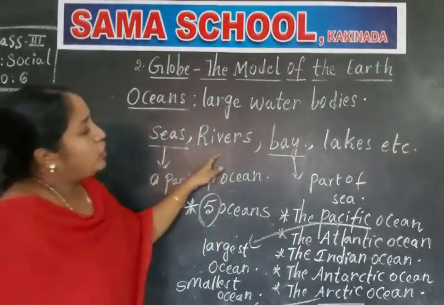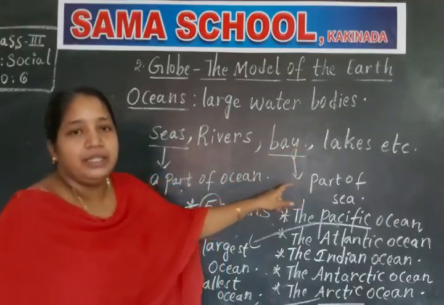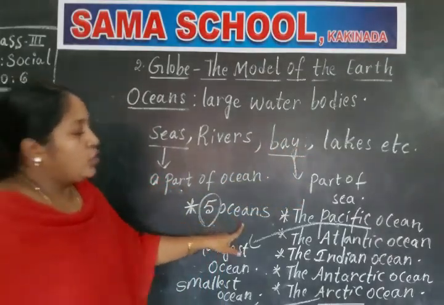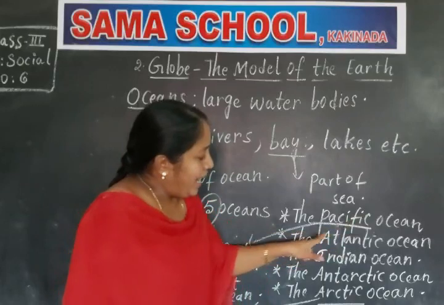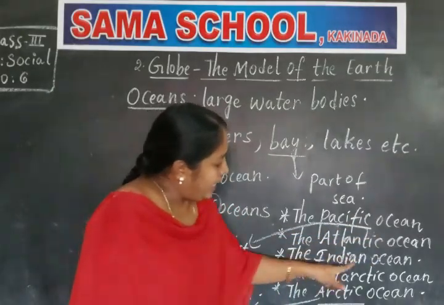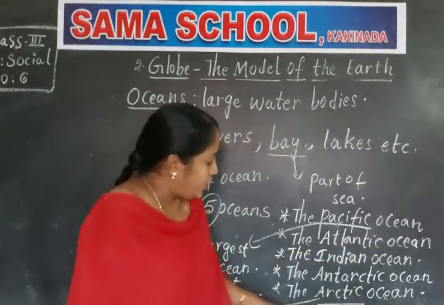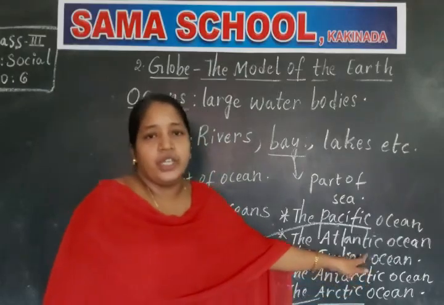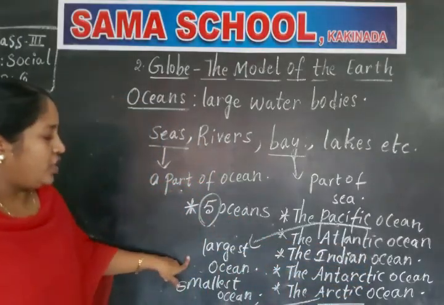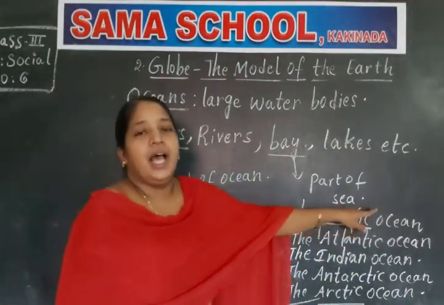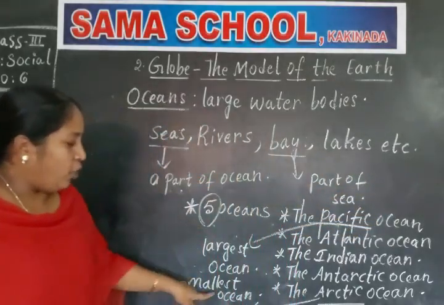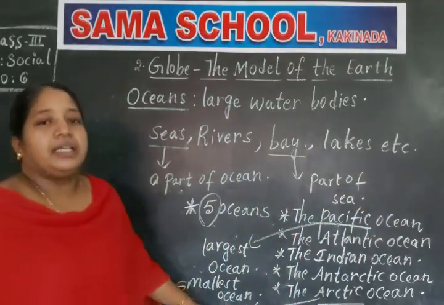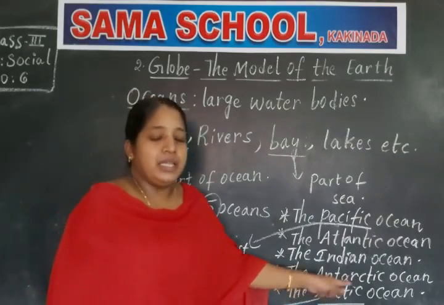Clear, children? Total how many oceans are there on the earth? There are 5 oceans. The Pacific Ocean, the Atlantic Ocean, the Indian Ocean, the Antarctic Ocean and the Arctic Ocean. And which is the largest ocean? The Pacific Ocean. And what is the smallest ocean? The Arctic Ocean.